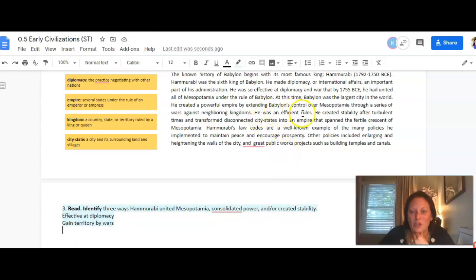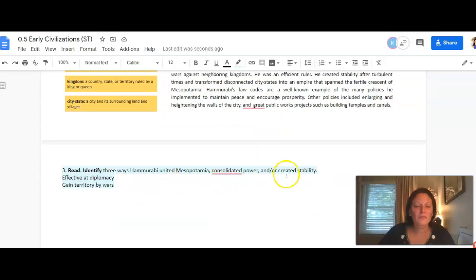He was also an efficient ruler. He created stability after turbulent times and transformed disconnected city-states. So we can say that he was a great leader and created stability.